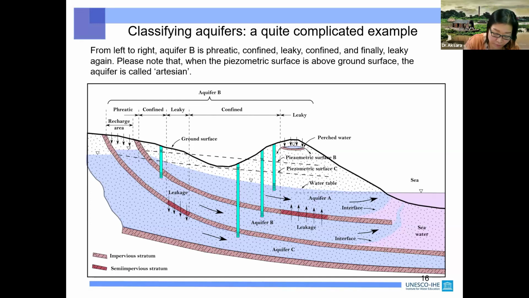The first aquifer you can see is aquifer number one, and the deeper one is the second aquifer, and we also have the third aquifer. The first one I mentioned last time is an unconfined aquifer.